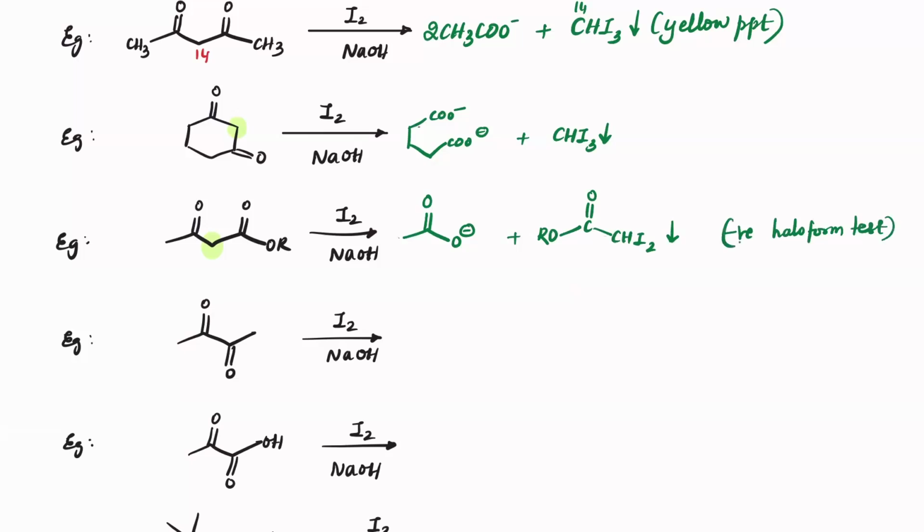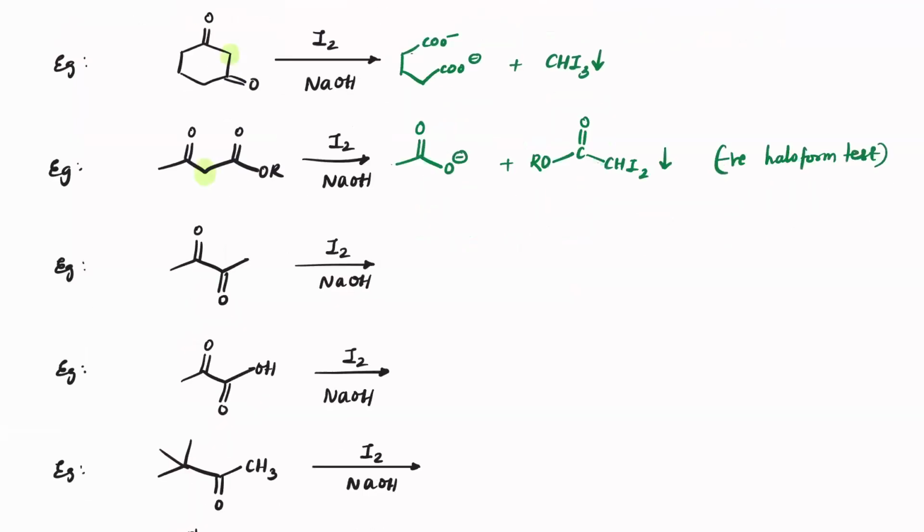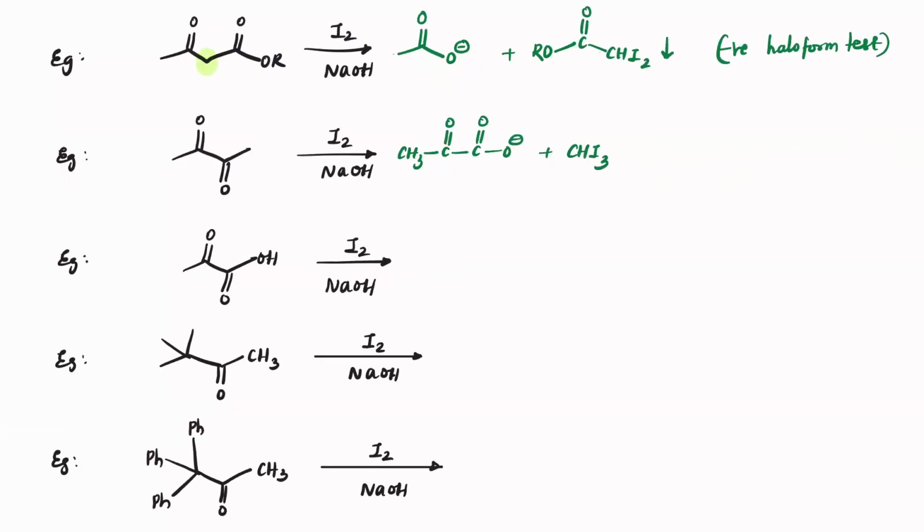Okay. Now, if there is no active methylene here, then there is no problem. You can take any one side and convert that into haloform. So I can get this as CH3, C double bond O. The next carbon will become C double bond O, O minus, and the last carbon will become CHI3. Here, this side you already have an acid, this side a ketone.